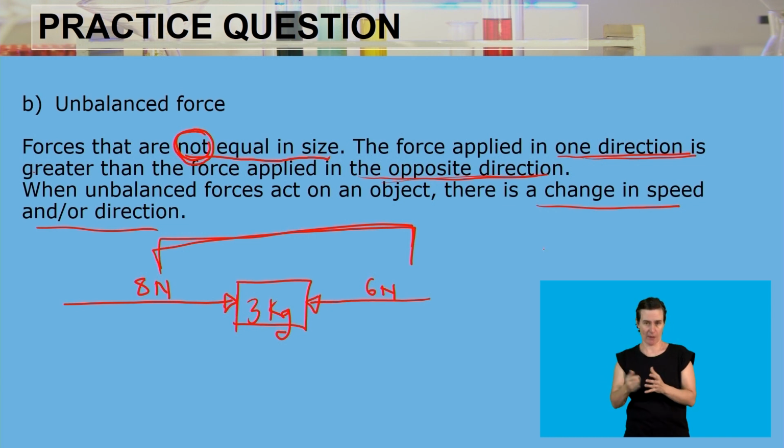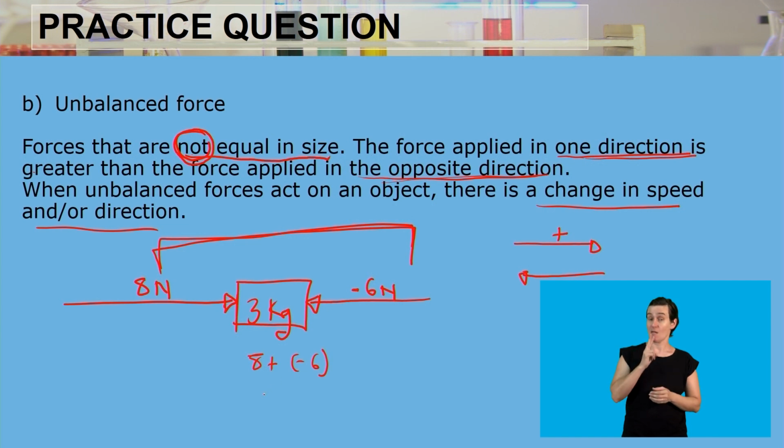So if we are saying that everything going to the right is positive and everything going to the left is negative, that then means that we can substitute a -6 here. So now when we are adding these two forces, we are going to have 8 plus -6. Then our overall answer is going to be a +2.